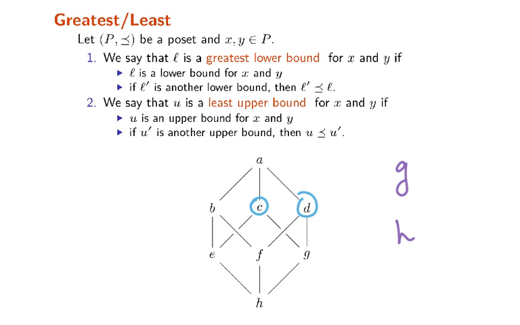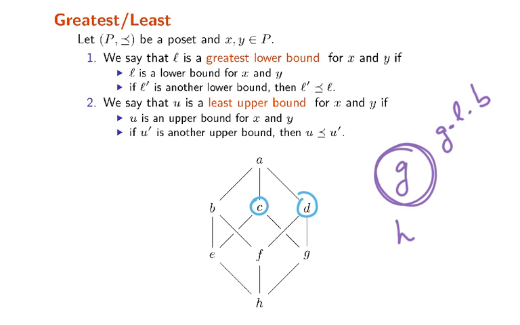So, let's look for a moment at these two, G and H. What would be the greatest lower bound? What do you think between G and H? Well, following the definition of greatest lower bound, we can see that the greatest of these two is G, because if we have some other lower bound like H, H is smaller than G. So this would be then the greatest lower bound.